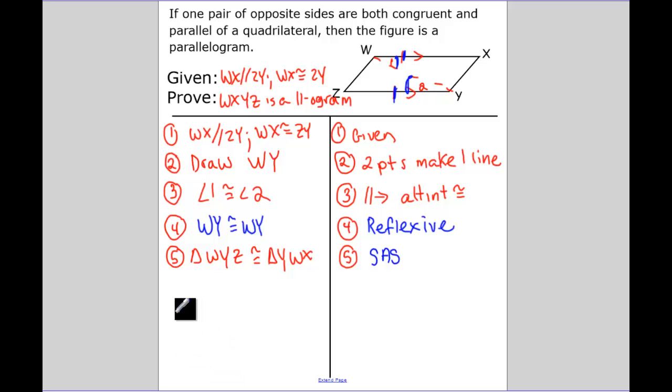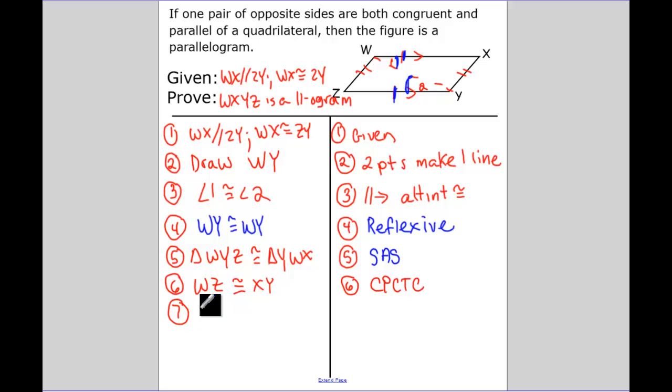Okay, now that I know those are congruent, I know that WZ is congruent to XY by CPCTC. Corresponding parts of congruent triangles are congruent. So now what do we have? We now have opposite sides congruent. So I didn't use the theorem I was trying to prove in my proof, but I used another one that we already knew to be true.